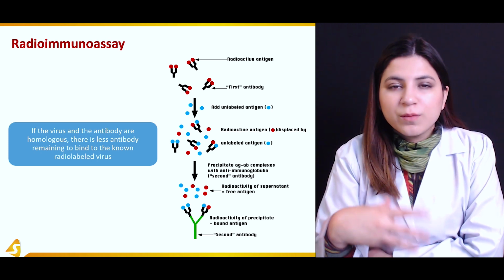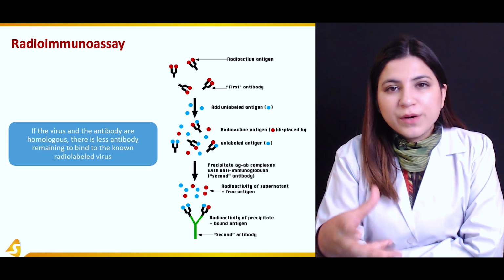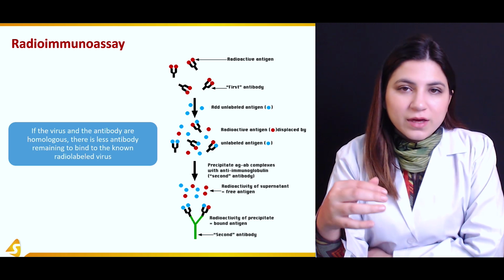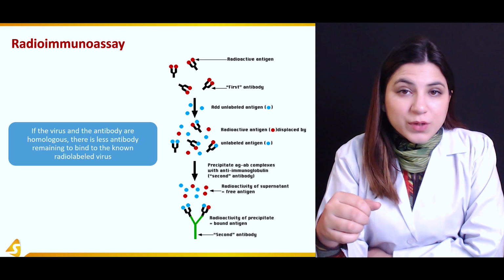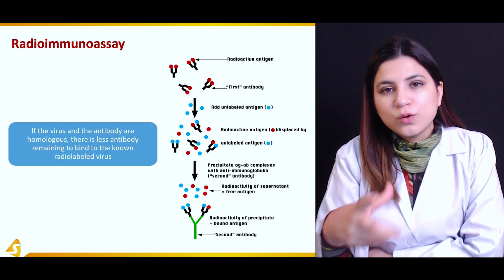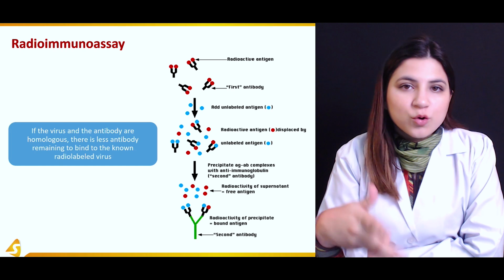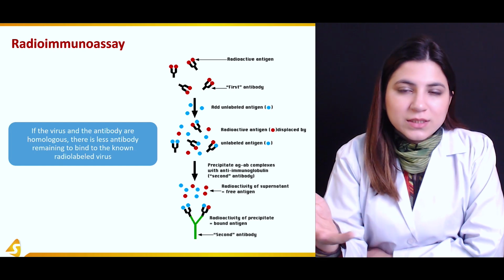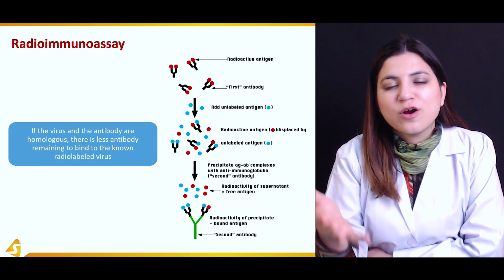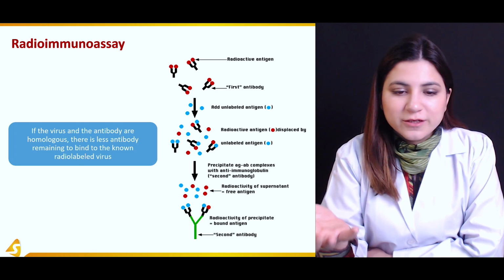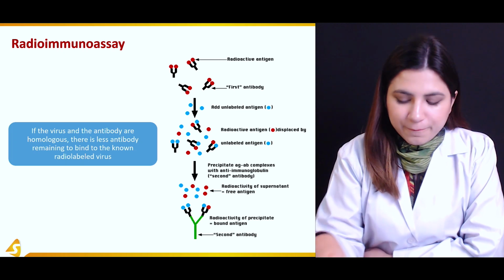And so in radioimmunoassay, the radio signals help us identify the presence or absence of homologous viruses. And by homologous, what we mean is the viruses that are actually complementary to the antibody that is present in that particular assay.